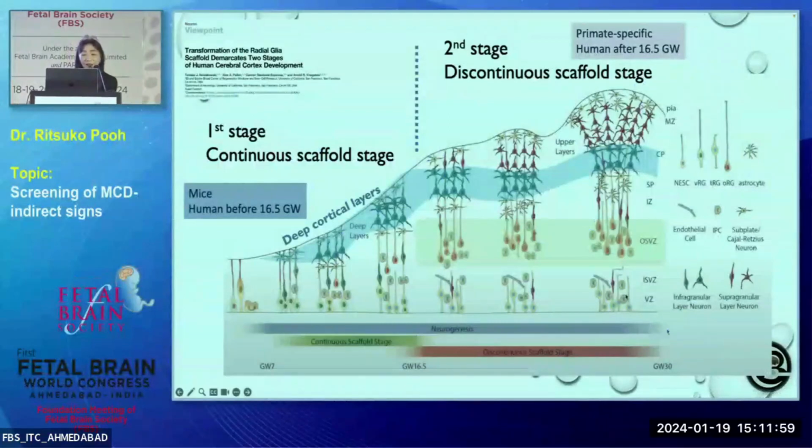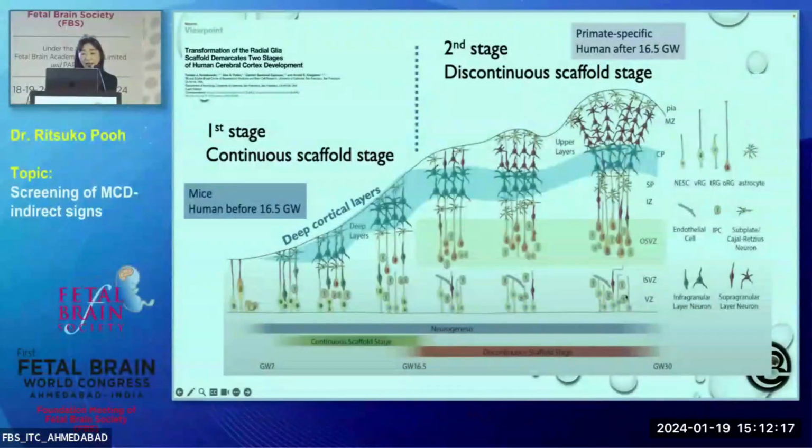And here you can see several zones: the ventricular zone, subventricular zone, intermediate zone, and the subplate and cortical plate. As Professor Yamada already talked about.